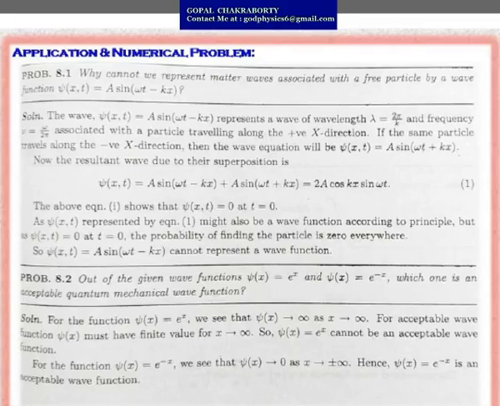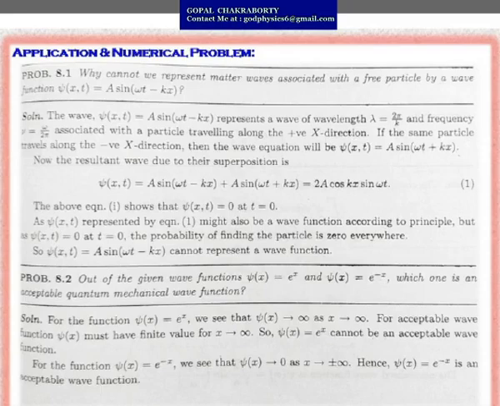Now the resultant wave due to their superposition can be written as psi of x and t equals a sine omega t minus kx plus a sine omega t plus kx. Joining these two, you can write that as twice a cos kx sine omega t. The above equation shows that psi of x and t equals 0 for time t equals 0.